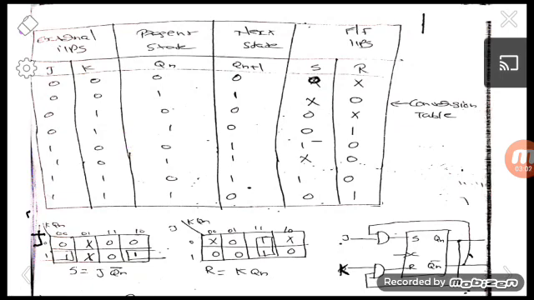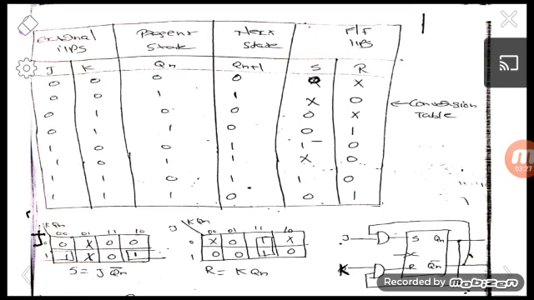In the first column we have to write the external input. We are converting SR into JK, so the external inputs will be J and K. Another variable will be there, that is the present state of the flip-flop, which we are considering as the third variable. So three variables will be there: J, K and Qn.